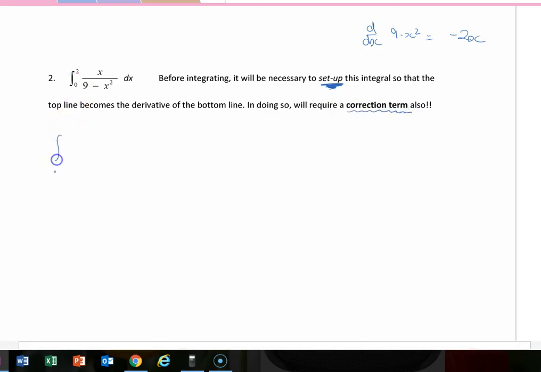So we want the integral from 0 to 2, and I'm going to make this minus 2x over 9 minus x squared dx, but I've introduced minus 2 into the numerator. I'll have to introduce a minus 2 into the denominator. The only number that I can really introduce here into my integral is the number 1. And so I'm choosing 1 in the format -2 on -2.